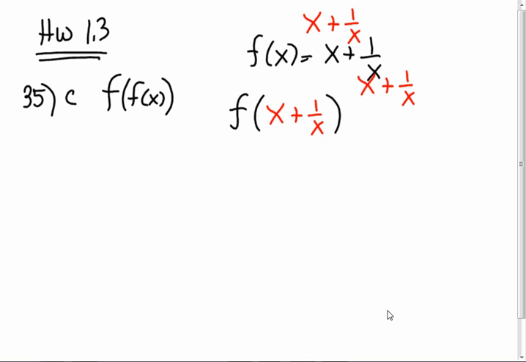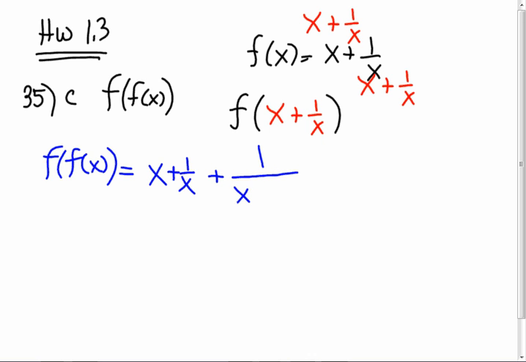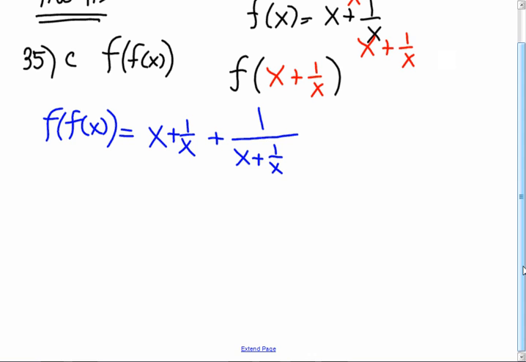Does that make sense? So you're going to get f of f of x equals, in place of x, x plus 1 over x plus, and it's 1 over this. You cannot just reciprocal each term. That's part of the problem. But that's still not why I have it wrong. So, now, how do I deal with these complex fractions to make my life easy? Only if I use a CAS.